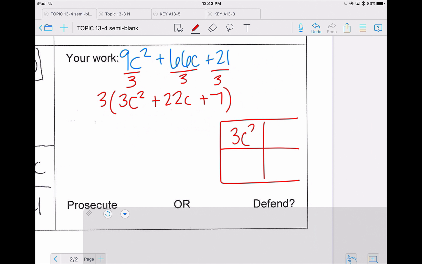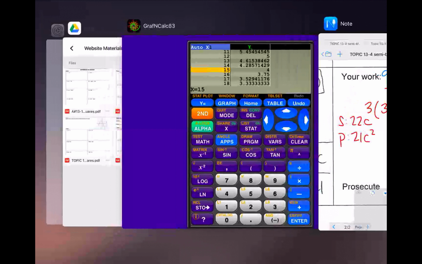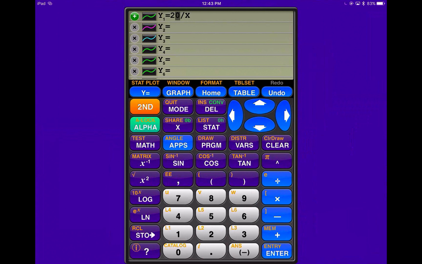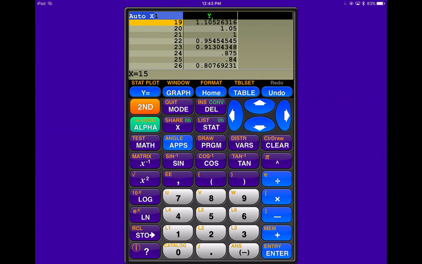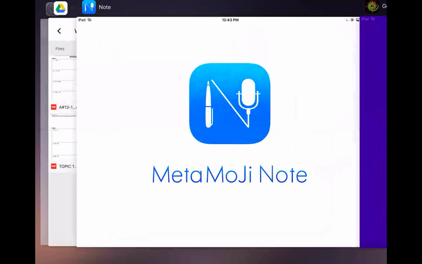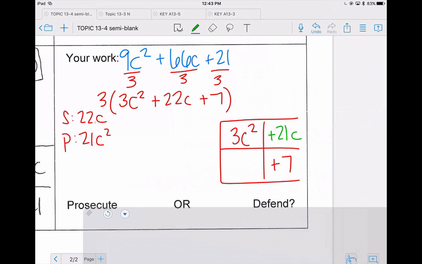So 3c squared and 7 go in my box. I multiply them for my full product of 21c squared. My sum is 22c, so I put 21 into y equals and look at the table. I'm looking for two numbers that will add to 22. 21 plus 1 would give me 22. So I have 21c and 1c.